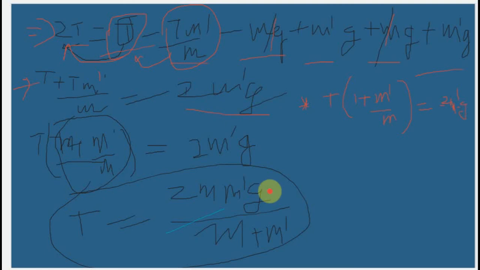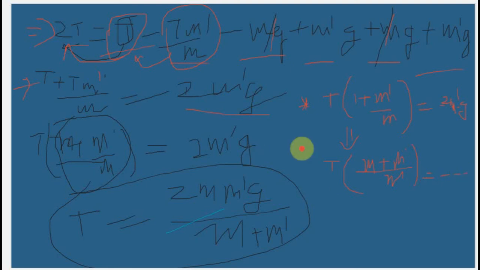First look in LHS, so then we can write that T into, when we add this term, then we find m into 1, that means m, so m plus m prime upon m, which is equal to 2m prime g.